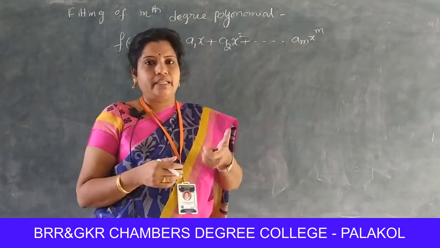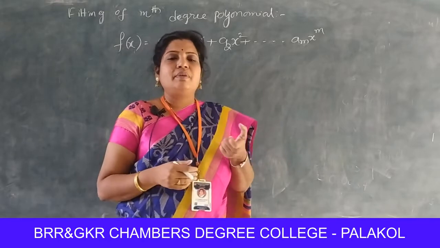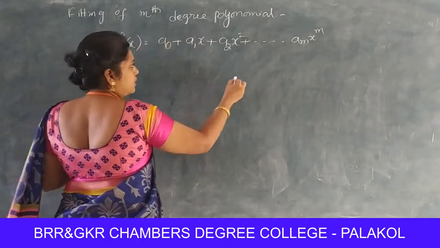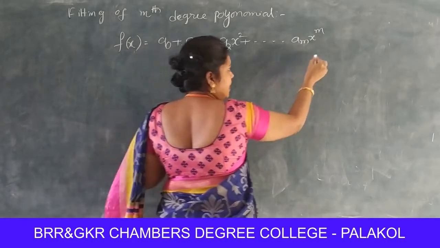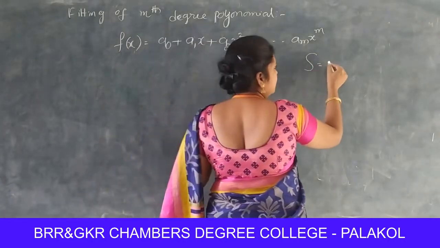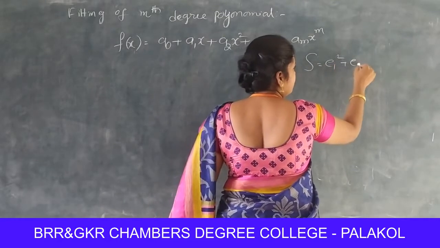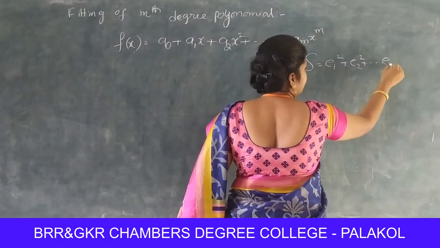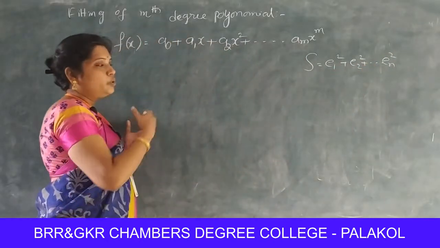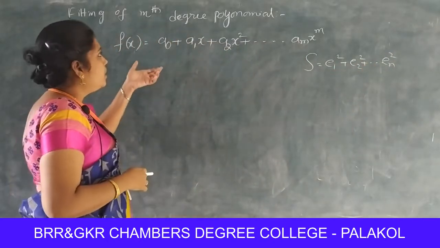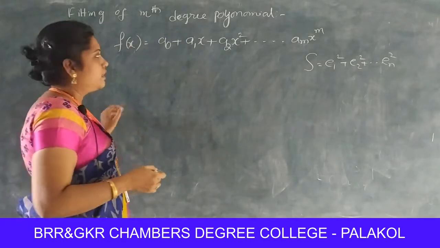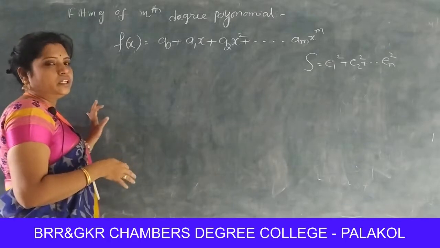In fitting a straight line, S is equal to e1 square plus e2 square and so on up to en square, and we minimize S. Here also we use that principle to fit an nth degree polynomial to our given data.